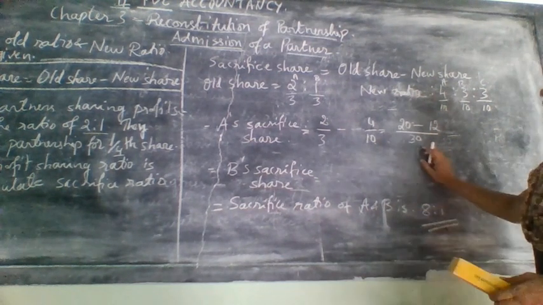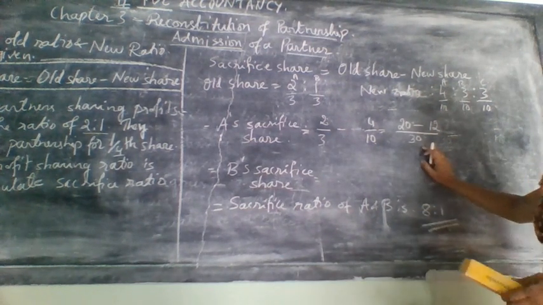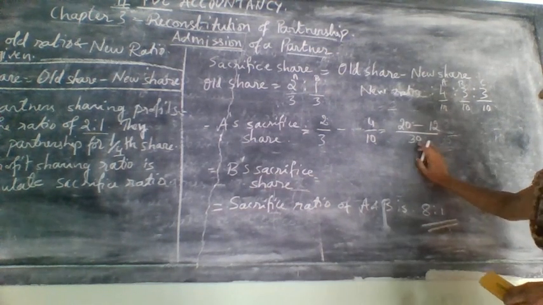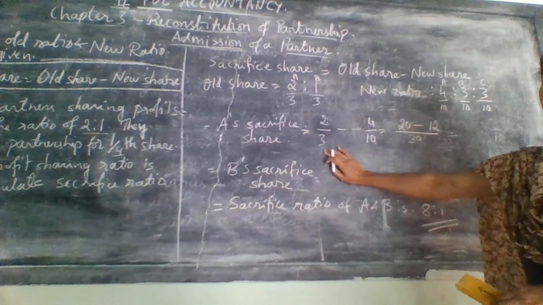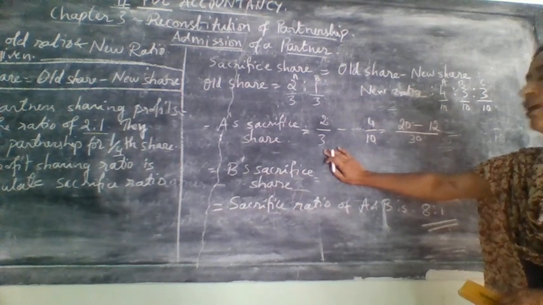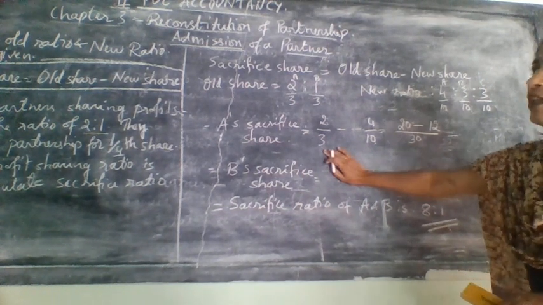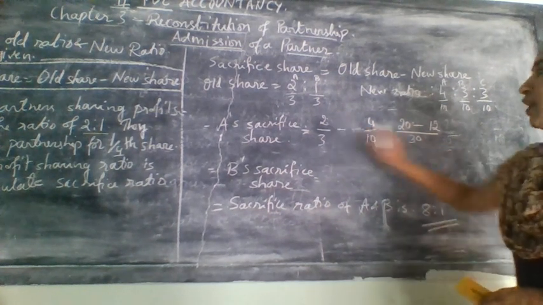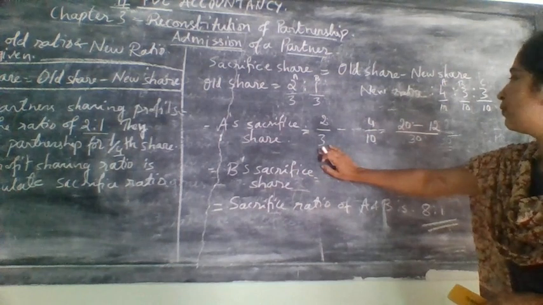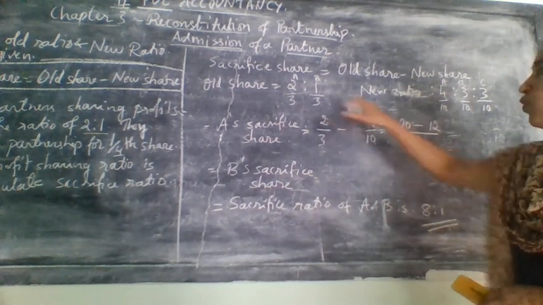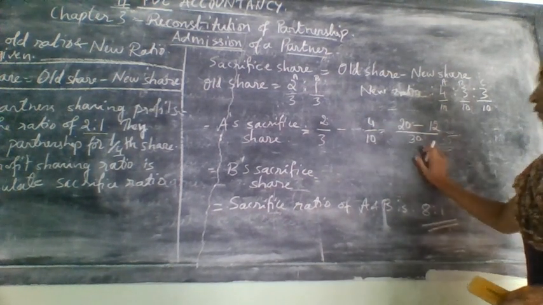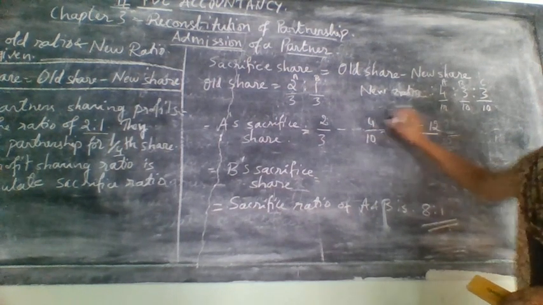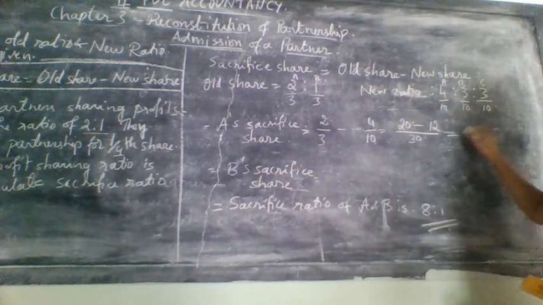Now this is 30. If you find it difficult, you can take the help of a calculator. 30 divided by 3 is 10. Whatever answer you get, multiply it with the numerator. 10 into 2, 20. Next, 30 divided by 10 is 3. 3 into 4, 12.